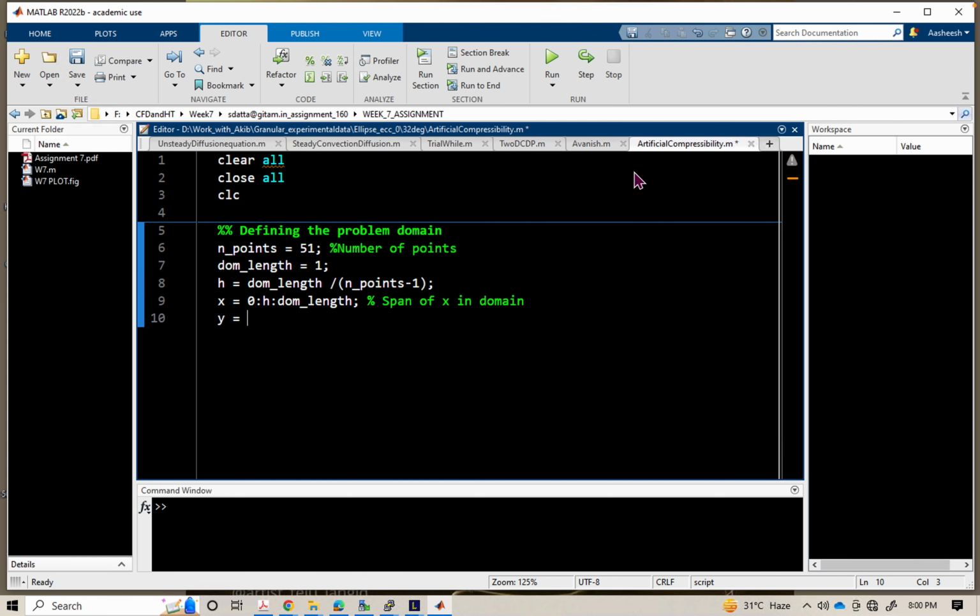Similarly, I will do for h. So these are the same steps as previous codes for 2D code.